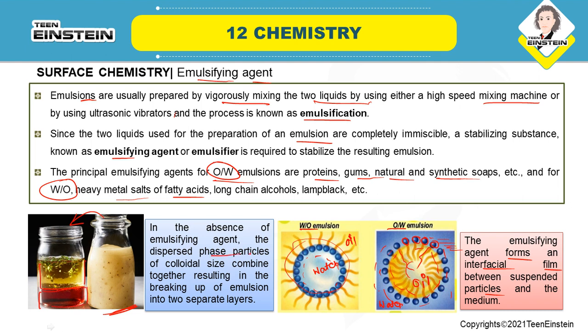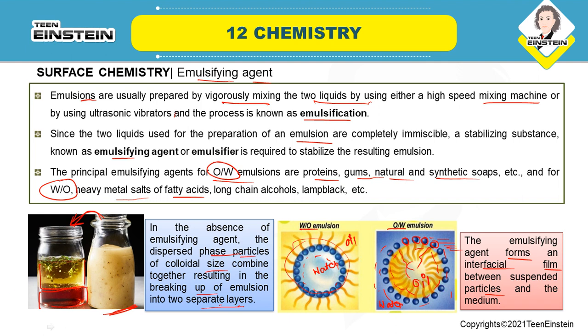The dispersed phase particles of colloidal size combine together, resulting in the breaking up of the emulsion into two separate layers. So now the dispersed phase particles will not remain suspended, they will combine together, their size will increase, and they will separate from the dispersion medium. So you can now see clearly two separate layers. So now basically the stability is lost, the left hand side picture.